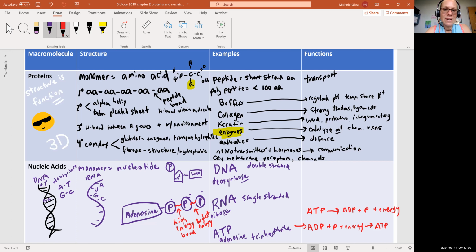So when we break down ATP, we get energy released. This is kinetic energy. This is energy that can be used for work in the cell. This is an example of an exergonic reaction. So one of our key functions of nucleic acids is this ATP molecule is our energy molecule.